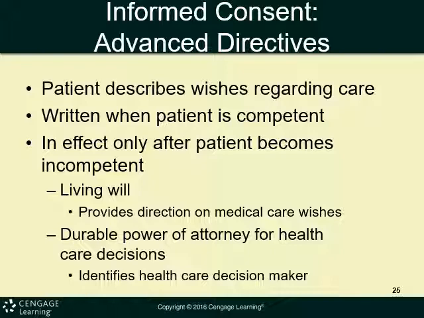It provides direction to medical care in the event that the patient becomes incapacitated or unable to make personal decisions. A durable power of attorney for healthcare is a document that allows a competent patient to name someone else to make healthcare decisions in the event that the patient becomes incapacitated or unable to make personal decisions.